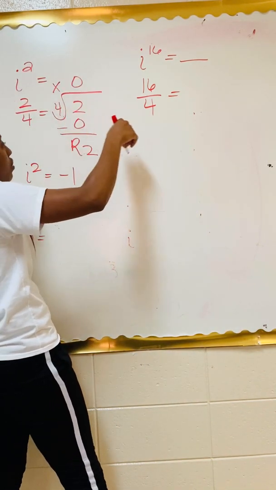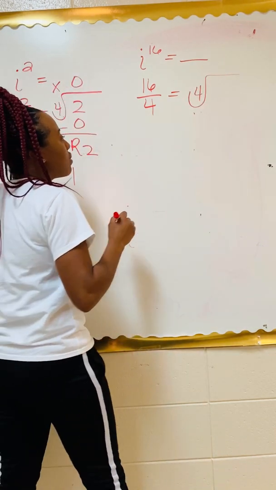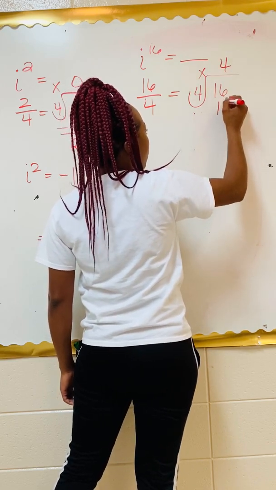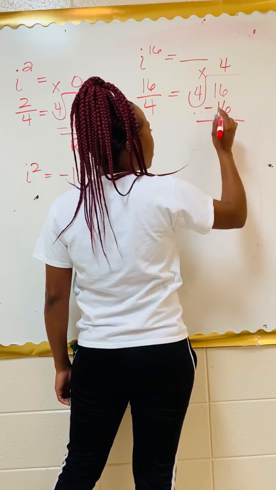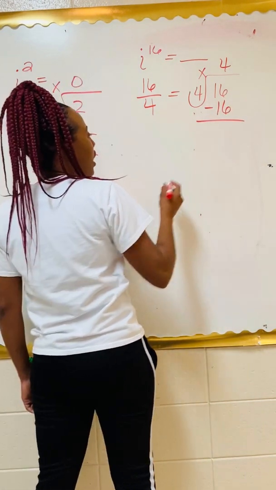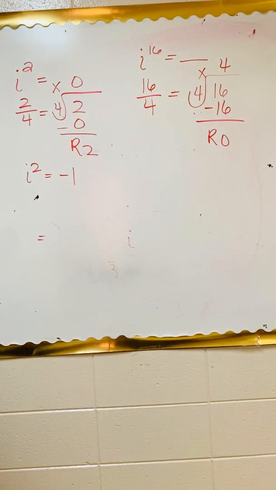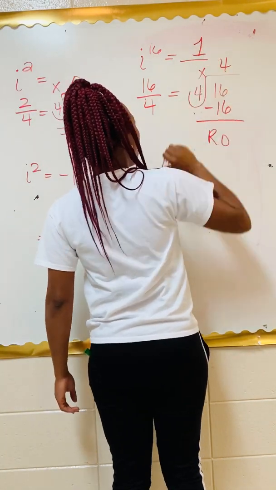Your divisor is 4, your dividend is 16. 4 goes into 16 4 times. 4 times 4 is 16, so put your 16 there. Subtract, your remainder is 0. And remember, when your remainder is 0, your answer is 1.